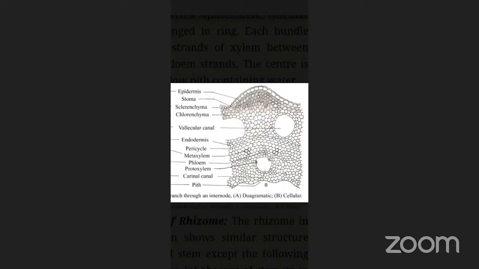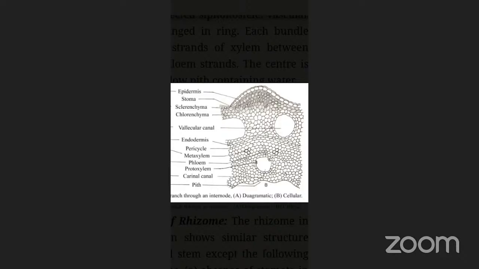Below the epidermis is the hypodermis, made up of sclerenchyma, meaning very thick cell walls, cutinized and lignified cells. Below the hypodermis, parenchymatous tissue is there, that is the middle cortex. And the inner one, the lowermost layer of the cortex, we call the endodermis.